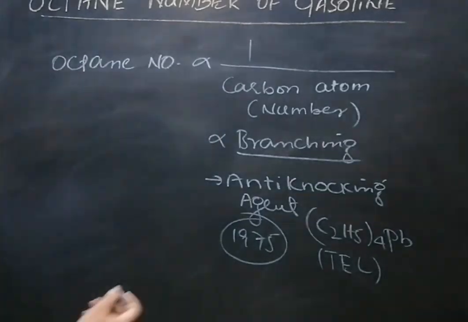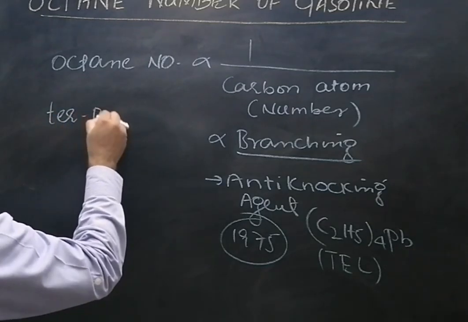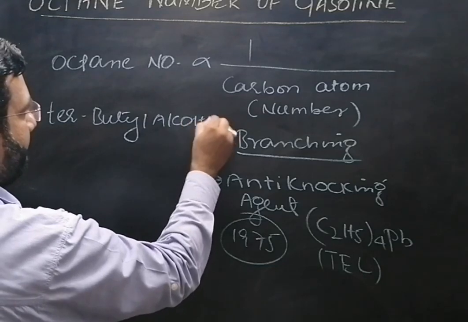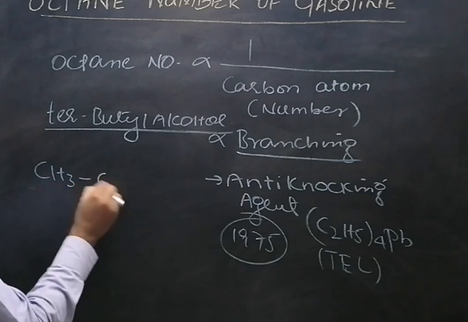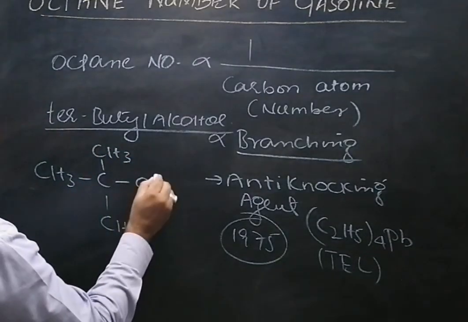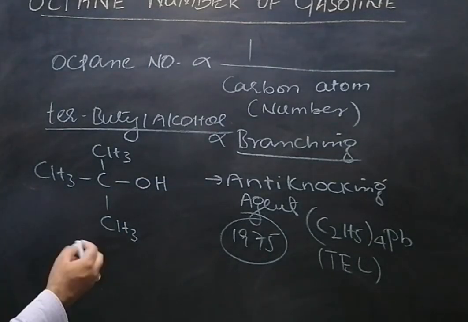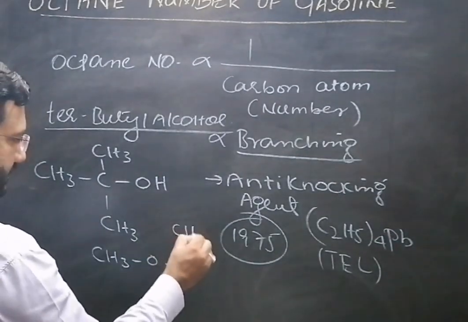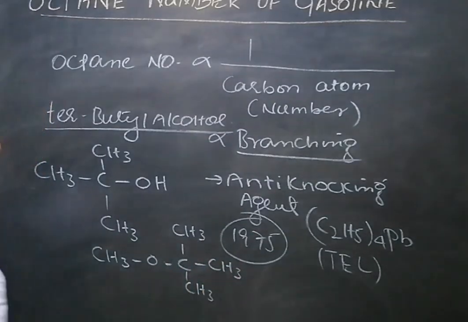But nowadays, some other anti-knocking agents are used, just like tertiary butyl alcohol. Tertiary butyl alcohol is actually 2-methyl-2-propanol, and there is another anti-knocking agent which is methyl tertiary butyl ether.